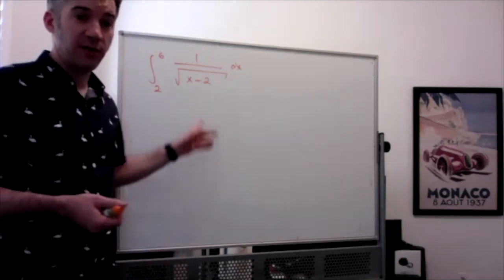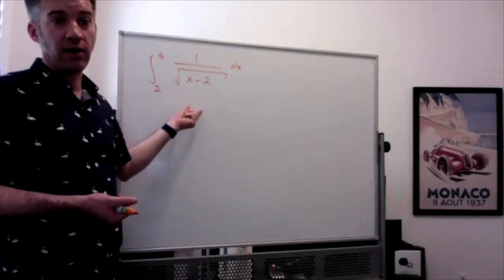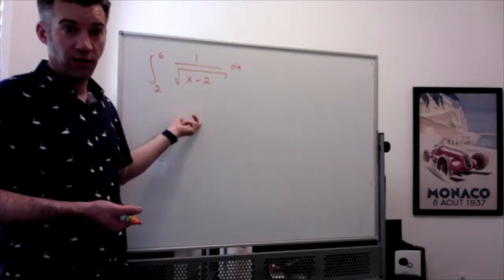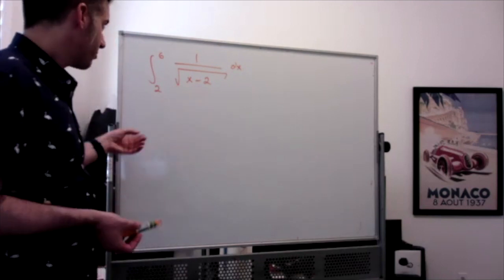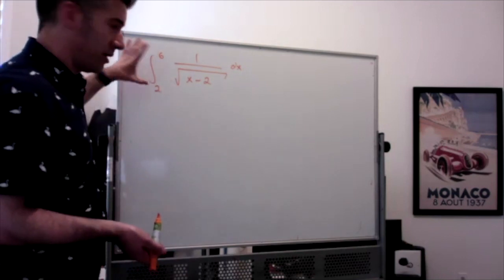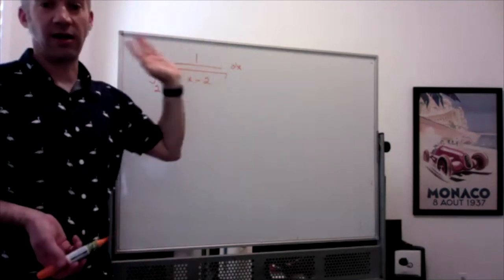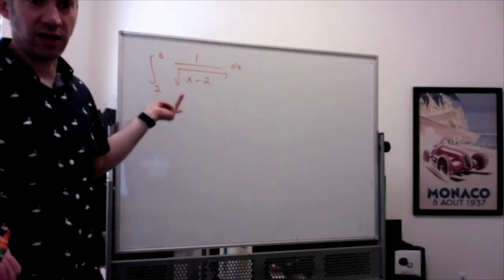I will mention this function is undefined lots of other places, right? Actually, this function is undefined for any value that is less than or equal to 2. If you plug in 1, you get 1 minus 2, that's the square root of a negative. But we only actually care where it's undefined on the interval. We don't care that it's undefined at 1 or 0 or any negative number, because those aren't what we're looking at for the integral.